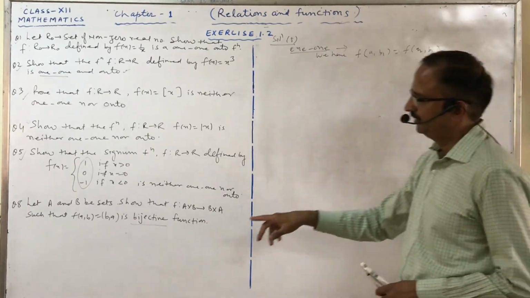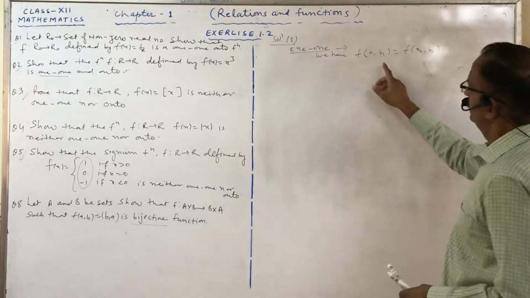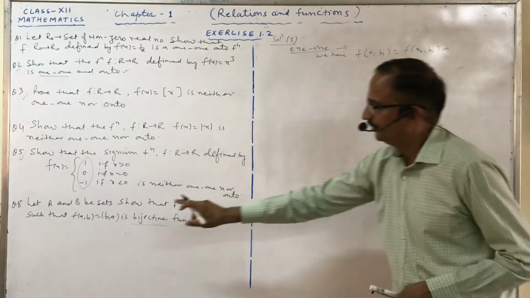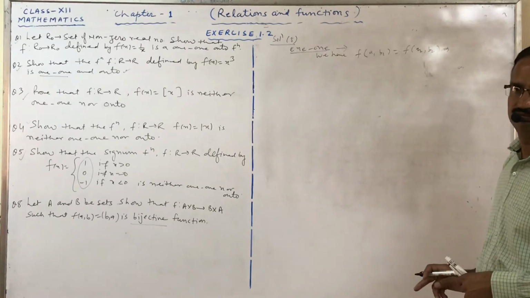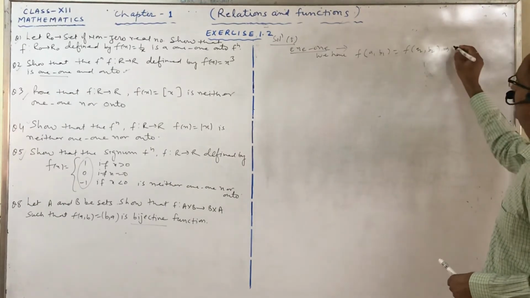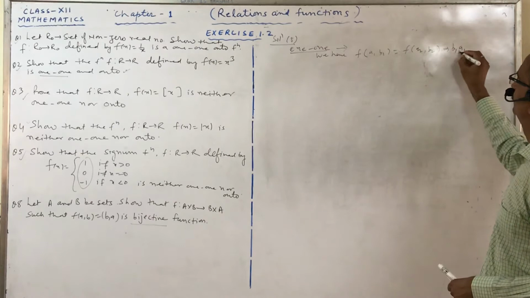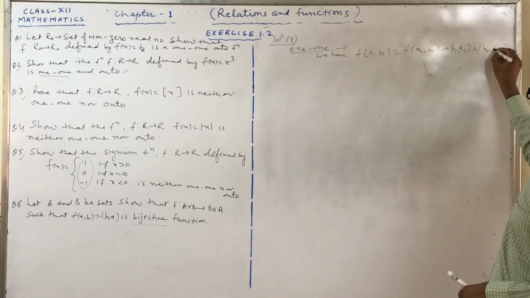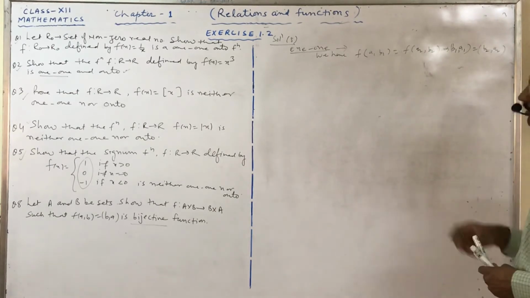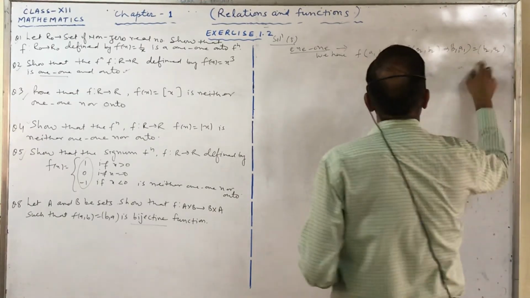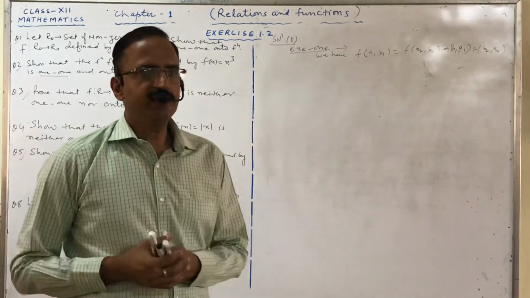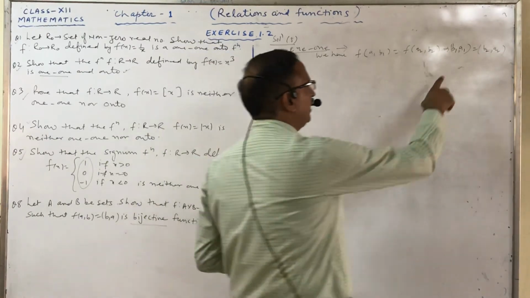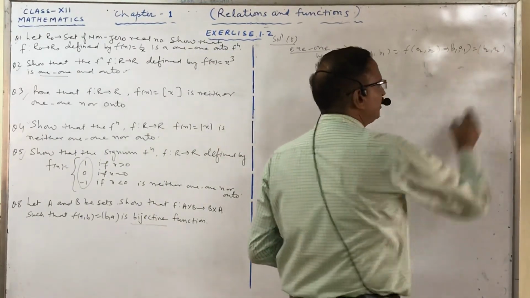Then with the help of this we can write, for this we can write (b1, a1), and for this we can write (b2, a2). Now these two are the ordered pair and these are equal. When these are equal, it means their corresponding elements are equal. So we can say that b1 equals b2 and a1 equals a2.